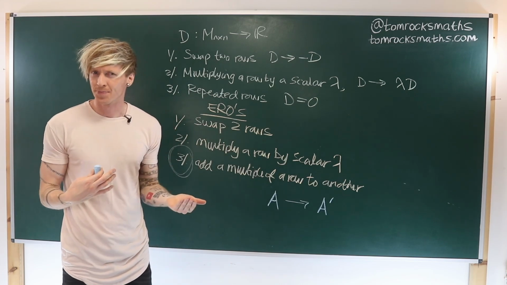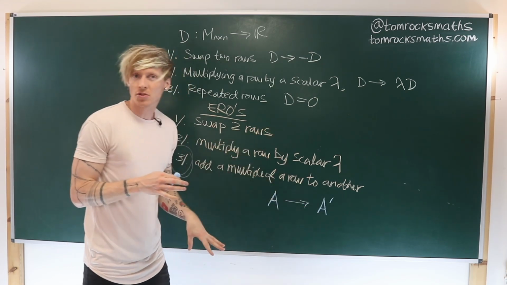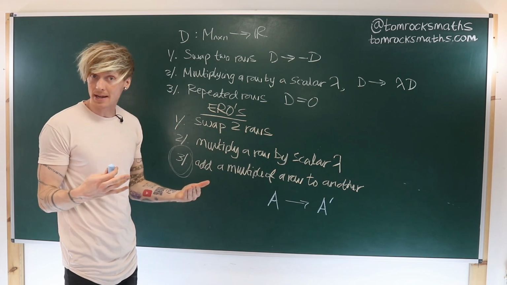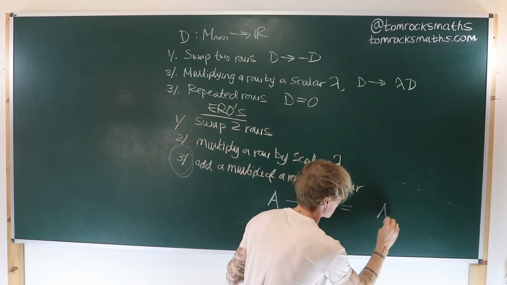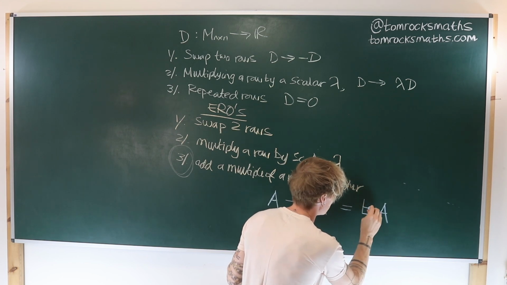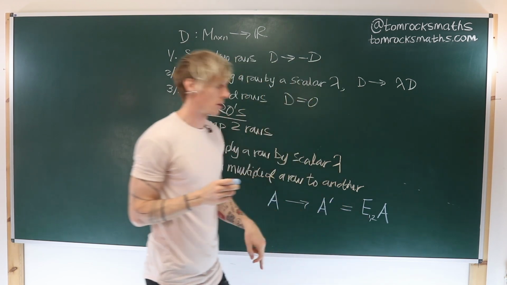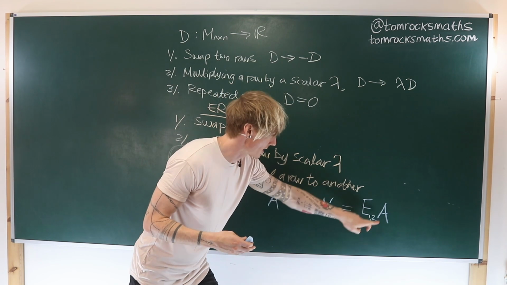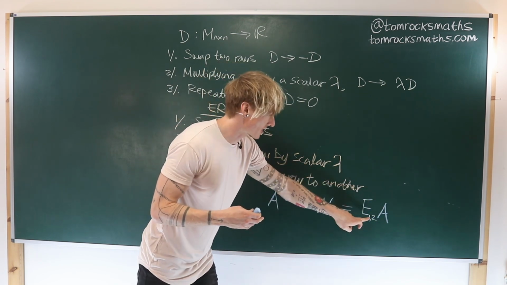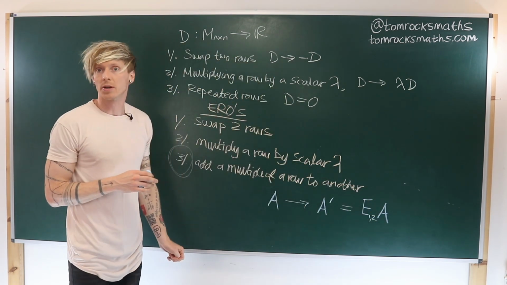Now the same matrix A prime can be obtained by taking your starting matrix A and pre-multiplying by an elementary matrix, which I'm going to call E12, for example, representing that this swaps rows 1 and 2.